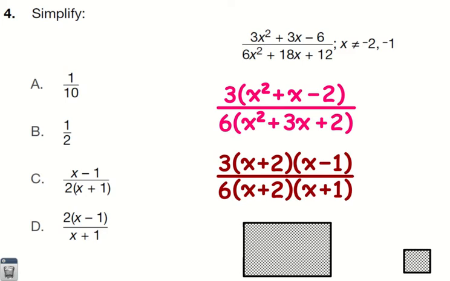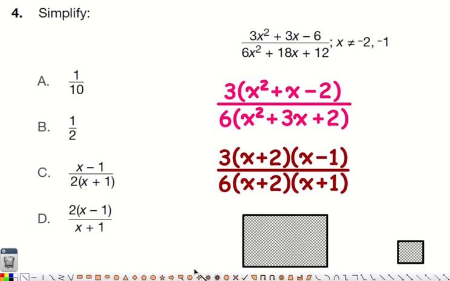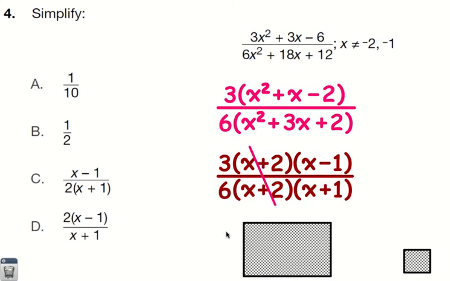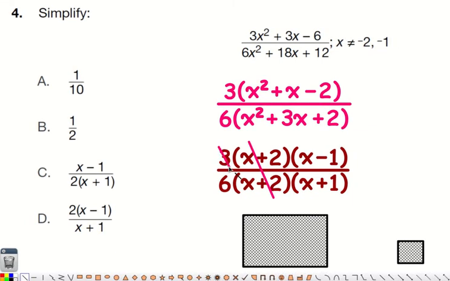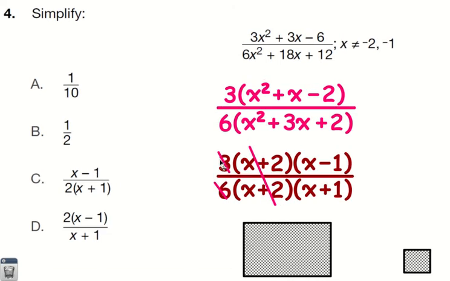Now, are there factors that cancel? Why, yes, there are. The x plus 2 and the x plus 2, those cancel completely away, like they divide completely out. And then 3 divided by 6 reduces to 1 over 2.